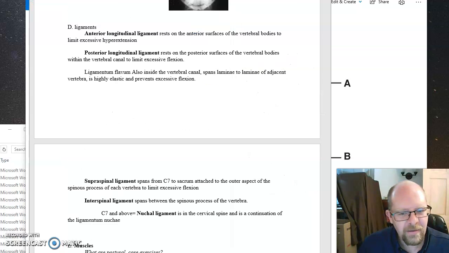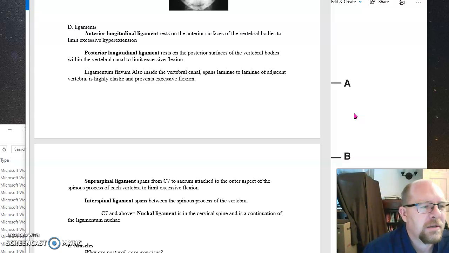You can find that image that we were just looking at on page 247 in your textbook, and it's figure 15-13. So let's put some definitions to these ligaments. The anterior longitudinal ligament is attached to the anterior surface of the vertebral bodies and limits hyperextension.